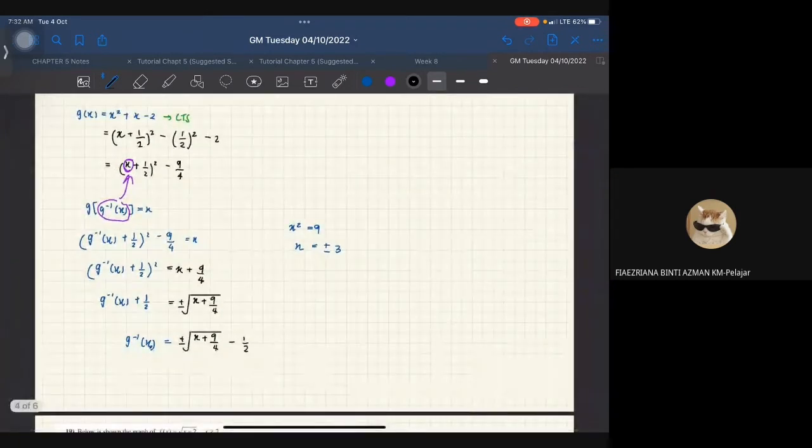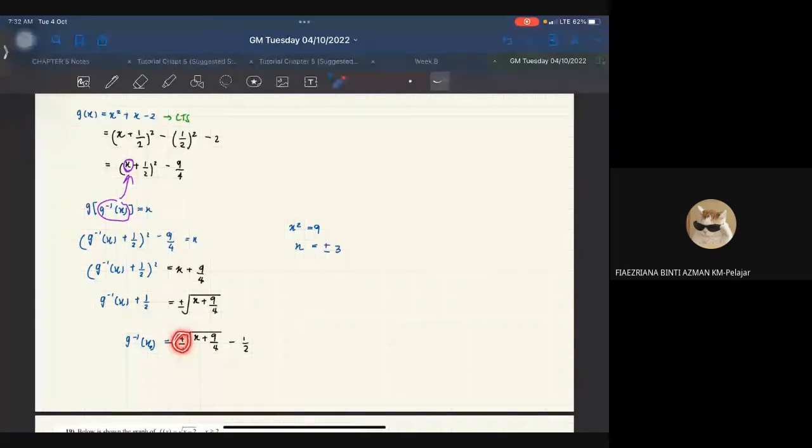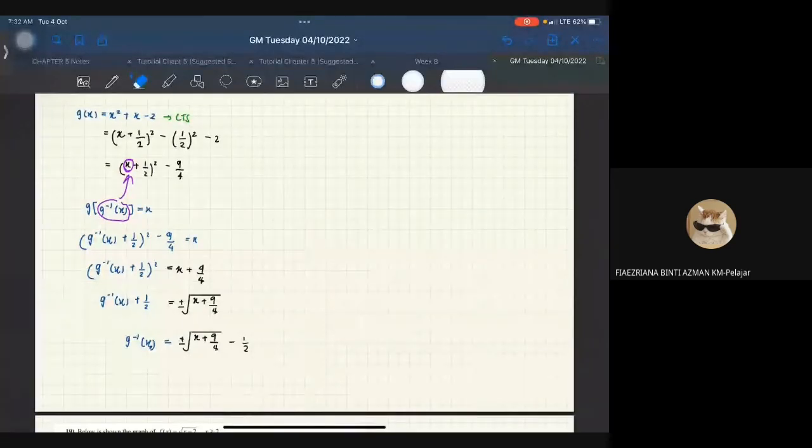Okay, so inilah jawapan kita. Okay, tapi kalau ikutkan, dia ada plus minus dekat sini. So macam mana awak nak tahu which one between the plus or the minus is your inverse function? Kita tak akan ambil dua-dua, kita akan ambil salah satu je. So macam mana awak nak tahu?